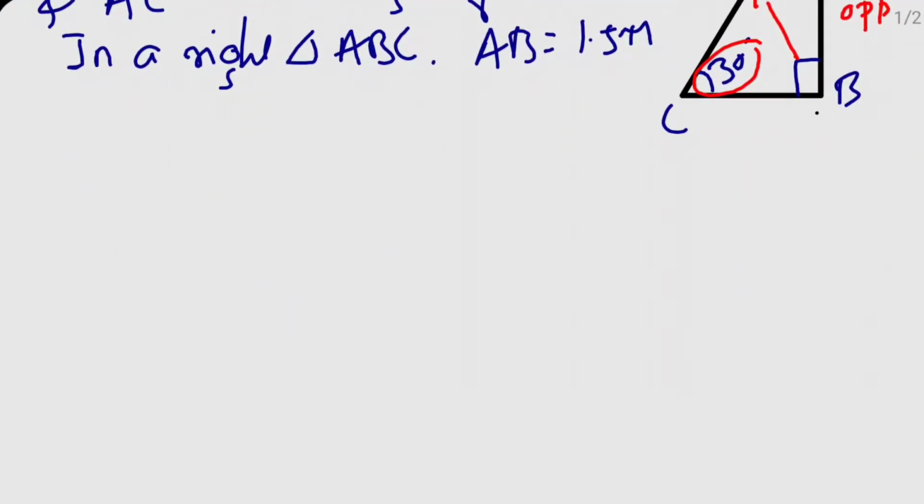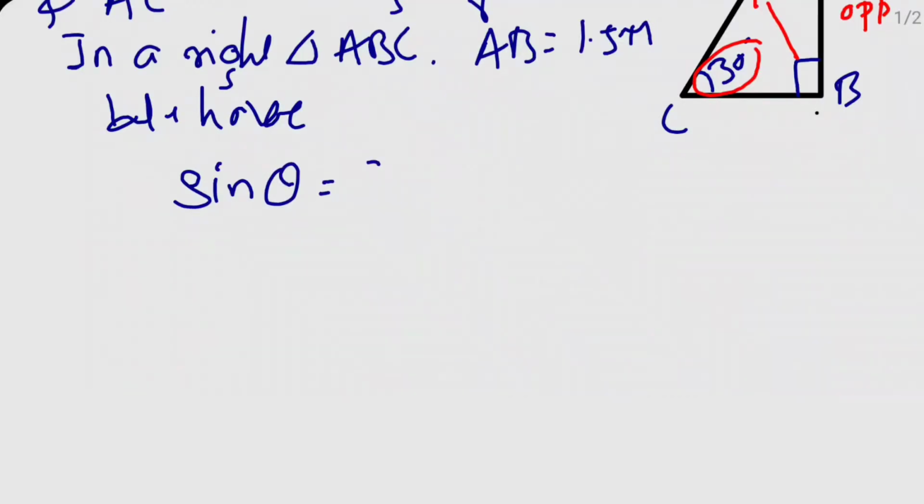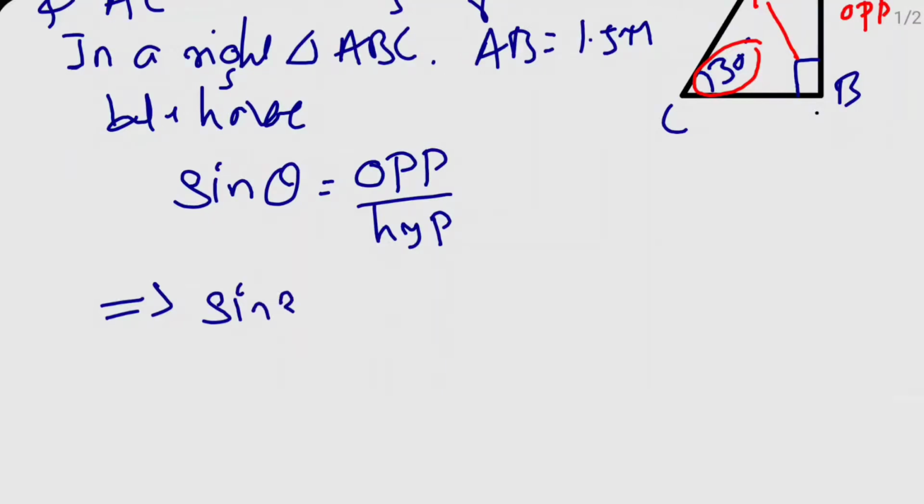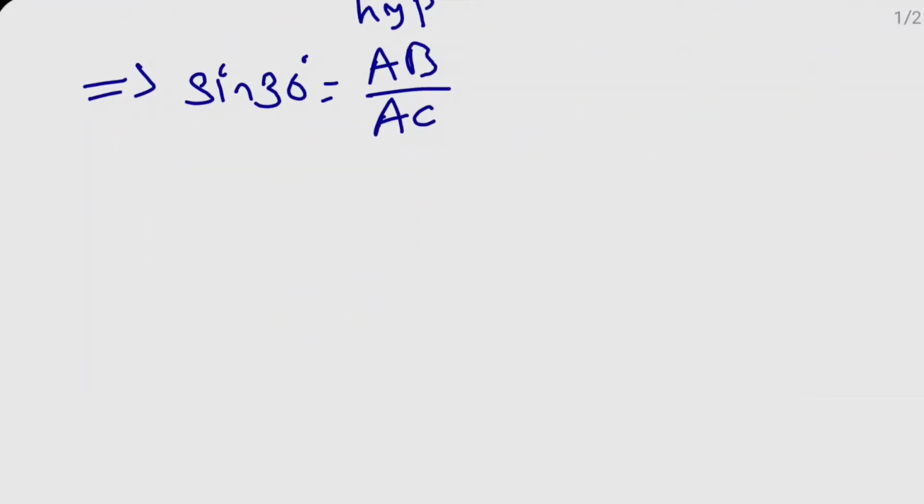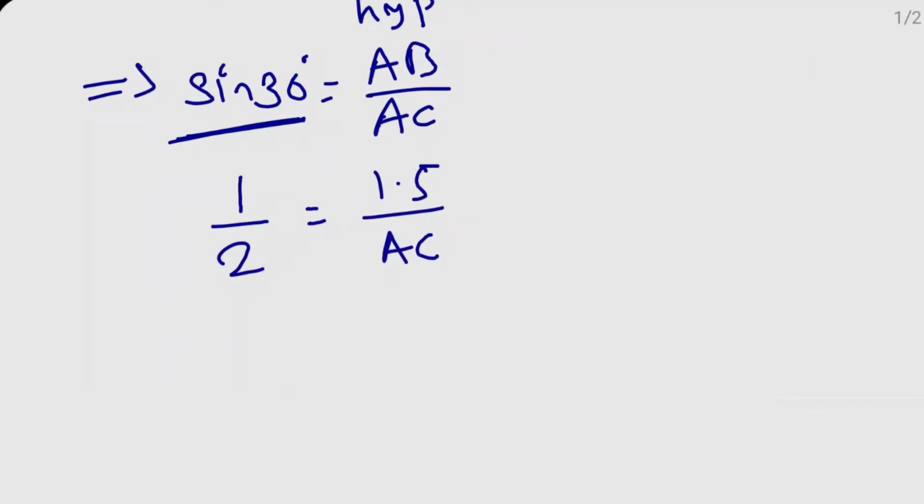So sin theta equal to opposite by hypotenuse, and this implies sin 30 degrees equal to opposite AB divided by hypotenuse AC. And we know that sin 30 is 1 by 2, equal to AB which is 1.5 divided by AC. We don't know AC, keep it as it is.